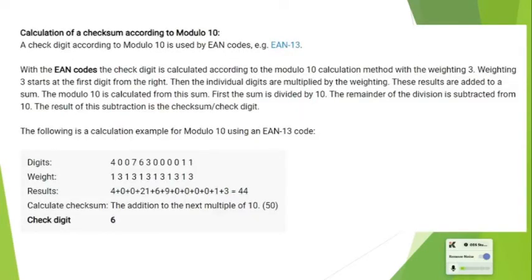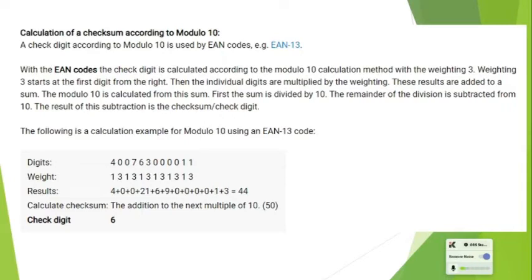So, calculation of checksum according to modulo 10. A check digit according to modulo 10 is used by EAN codes. Examples, EAN-13. With the EAN codes, the check digit is calculated according to the modulo 10 calculation method with weighting 3.